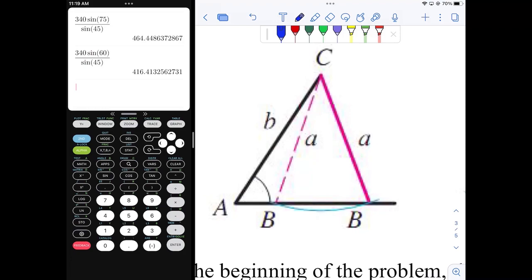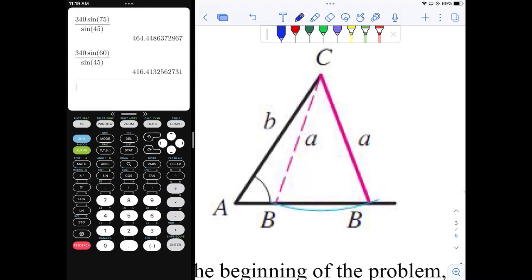It could be that A is a little bit bigger than B, so it can't go straight down. You have to kick it out a little bit, so you get this one triangle right here. But if you swing it through, it intercepts the base still on the interior of the original angle, and then you would get this obtuse triangle right here as well. That would give you two distinct triangles.